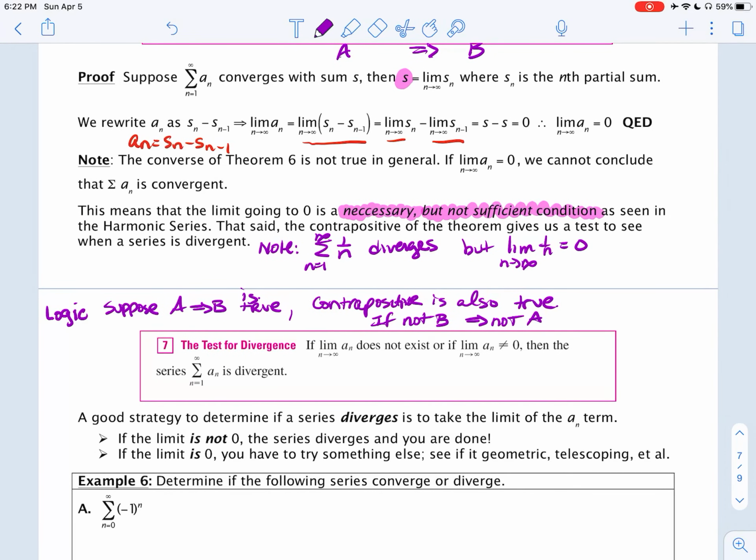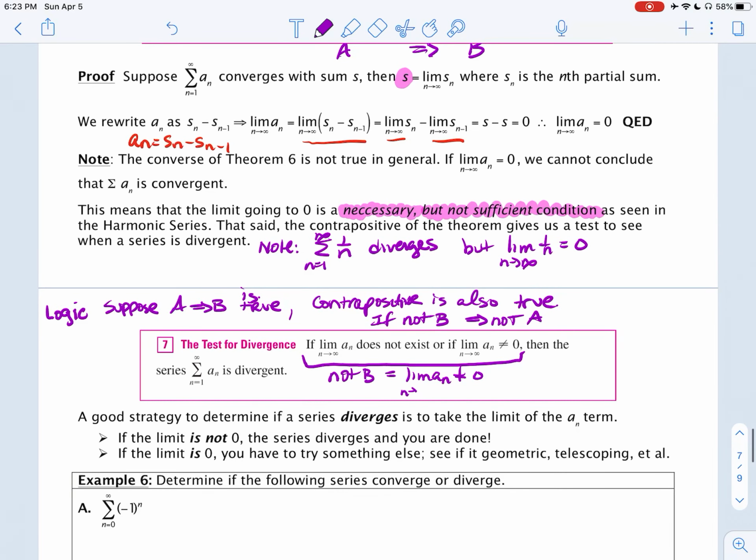So this portion down here is not B, which is the limit of the a sub n does not equal 0 as n goes to infinity. So if it's not equaling 0, then the limit either does not exist, which is plus or minus infinity, or truly oscillating back and forth, or it goes to a different number, so it's not equal to 0.